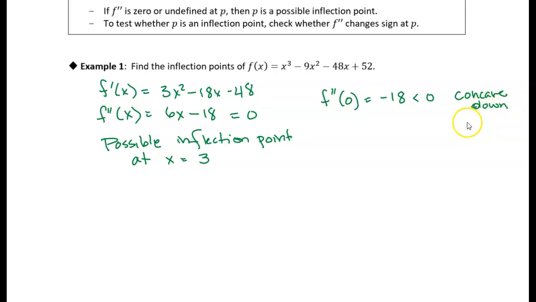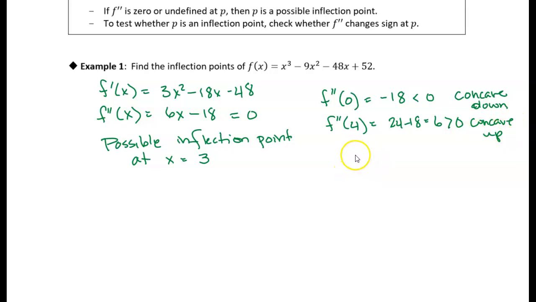If it's negative, it's concave down. All right, and then we'll check a point on the other side of 3, I could choose 4. So if I plug in 4, 6 times 4 is 24. So 24 minus 18 gives me 6, and that's greater than 0. So that means on the other side, it's concave up.